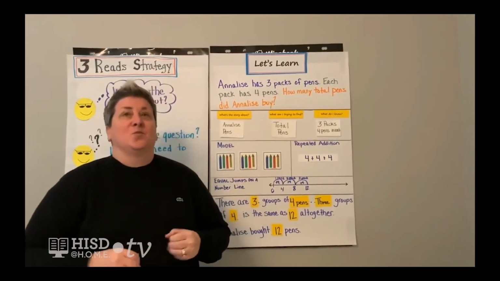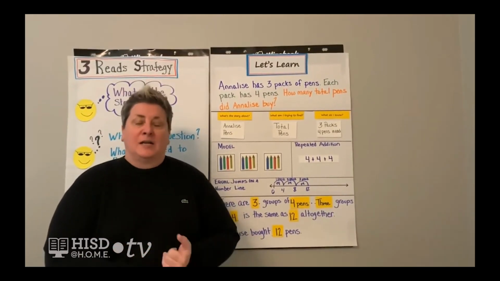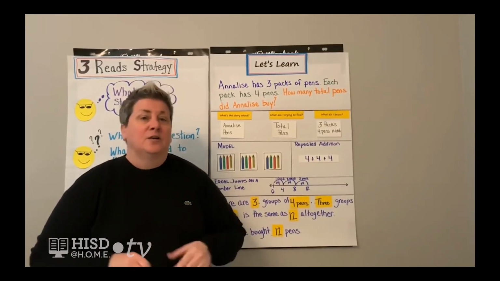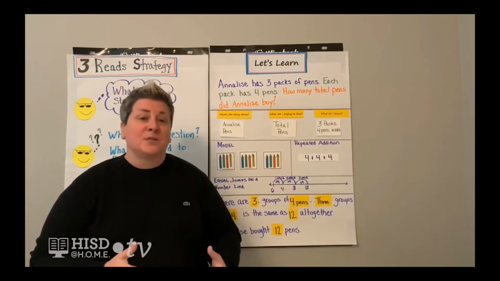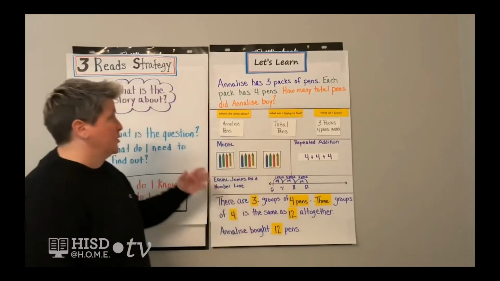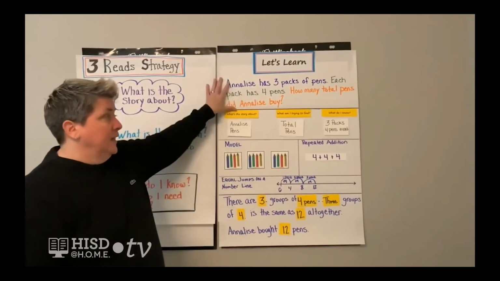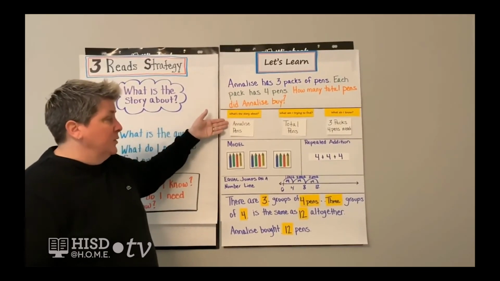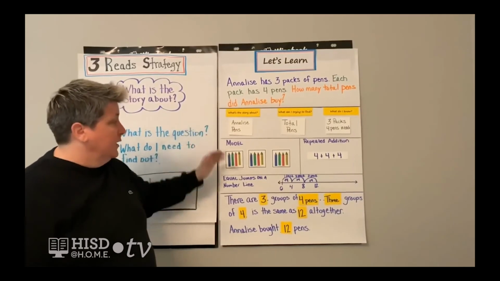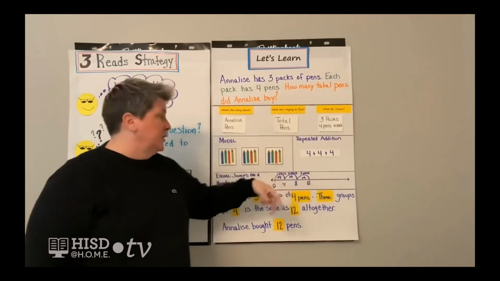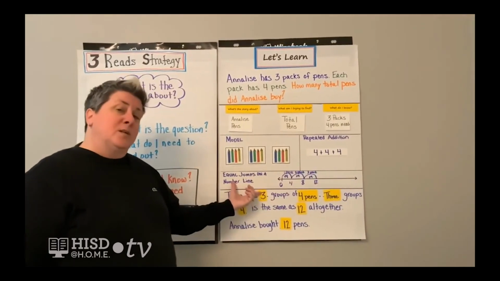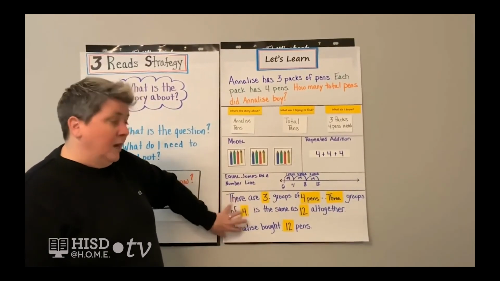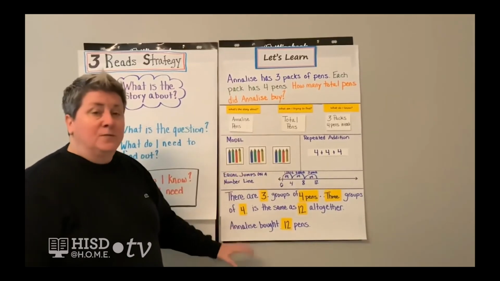Okay, boys and girls, we have reviewed our academic vocabulary for the day. We've started creating an anchor chart of real-world examples of items that come in groups. We've used our 3-read strategy to help us understand our math problem for today. And then we were able to represent our math story using a model, repeated addition, solved it using an open number line, and we were able to contextually write out what process we followed.